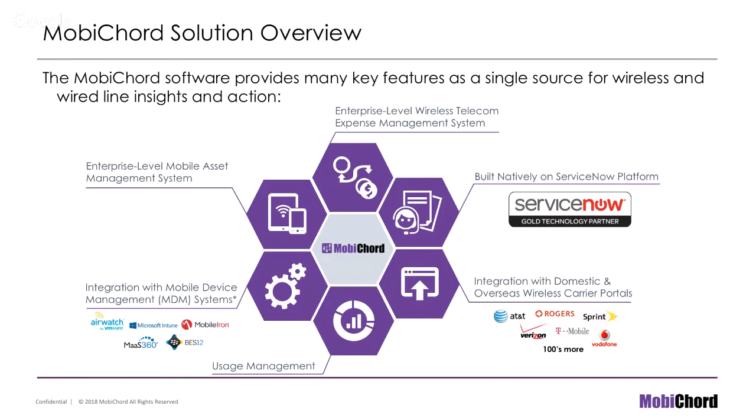And so when we look at the different areas that we're integrating, we'll kind of go around this wheel here. The first thing that we do is we integrate with the providers. So this could be anything from AT&T, Verizon, Sprint.